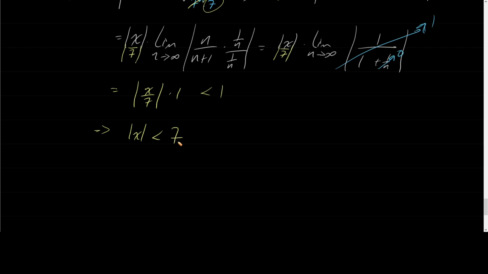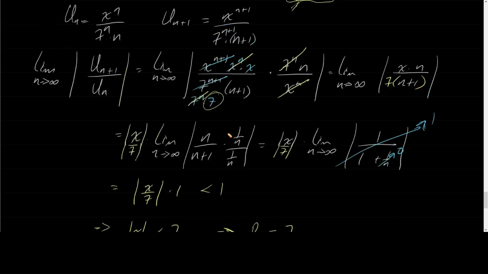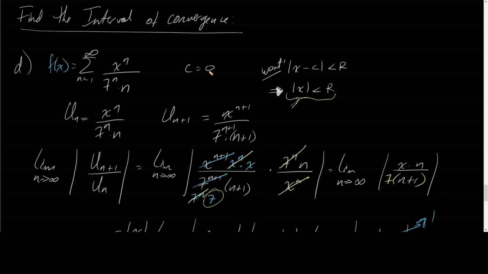But anyway, what we found here is that the radius of convergence is 7. And where are we centered at? We're centered at 0.